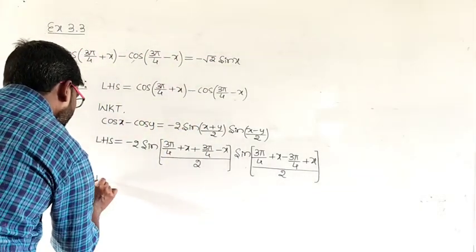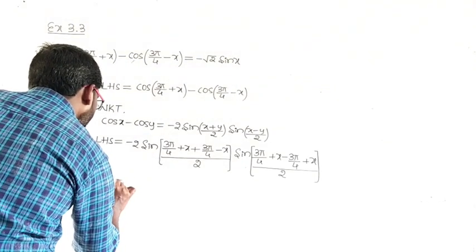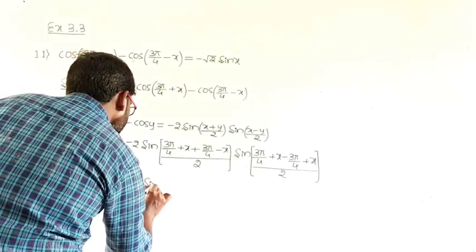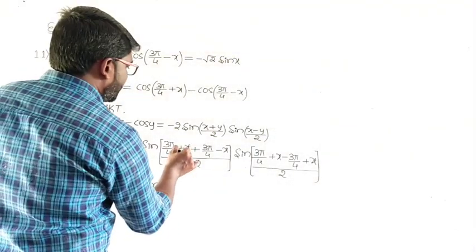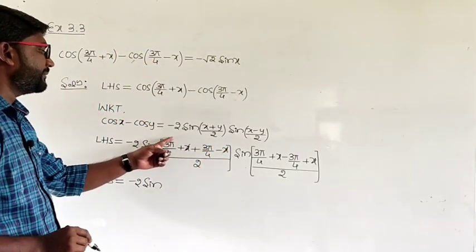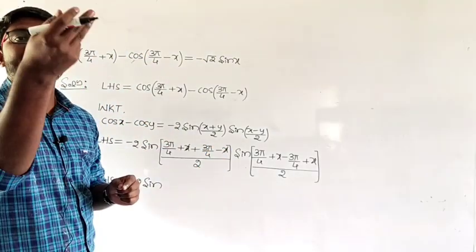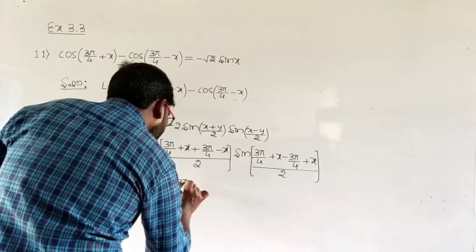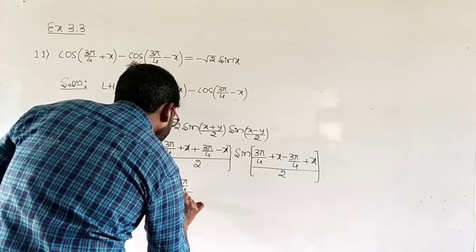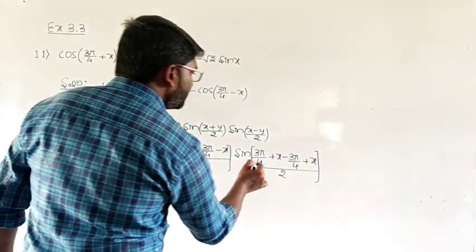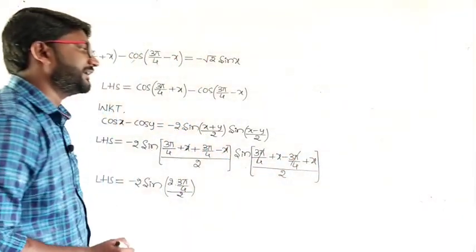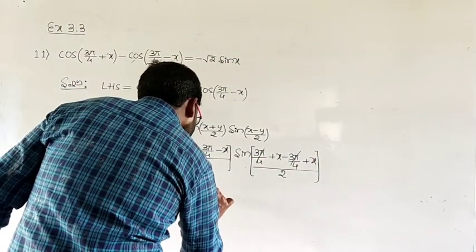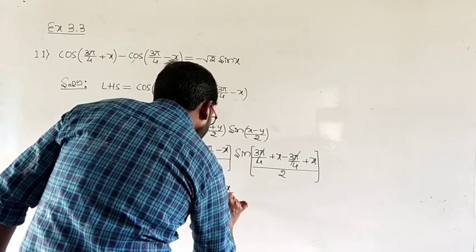So LHS is equal to minus 2 sin. See here, plus x and minus x cancel, and 3 pi by 4 plus 3 pi by 4 is 2 times 3 pi by 4, whole divided by 2, into, so plus 3 pi by 4 minus 3 pi by 4 cancel, x plus x is 2x, into sin of 2x divided by 2.